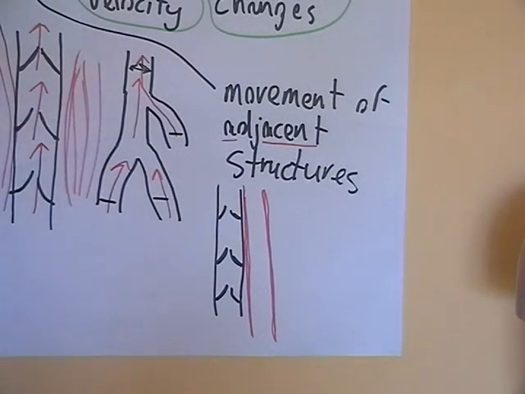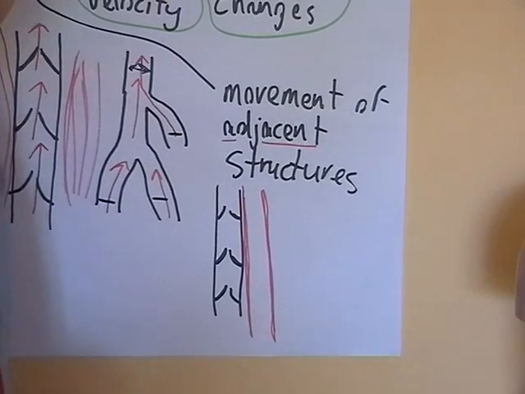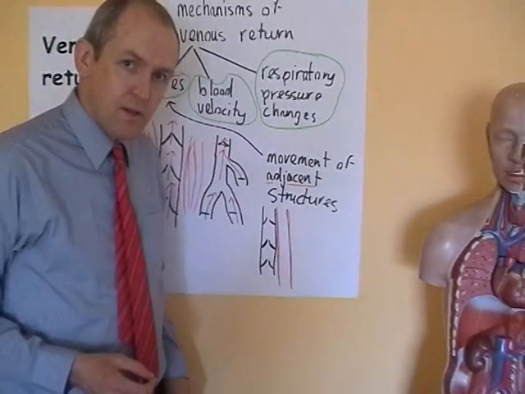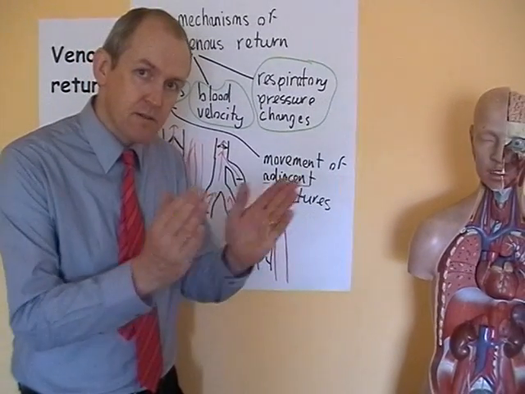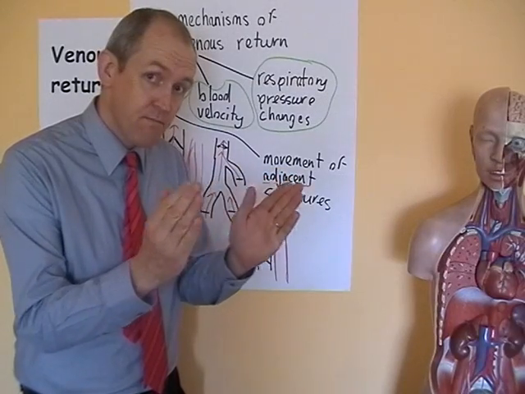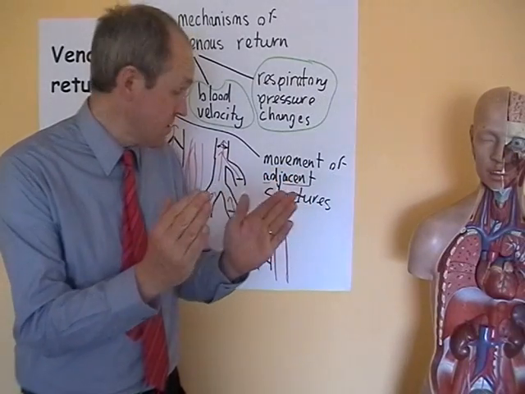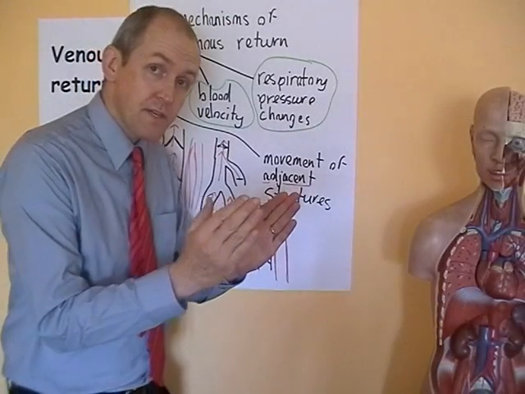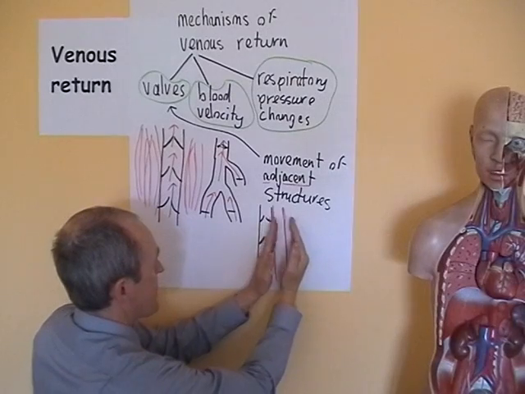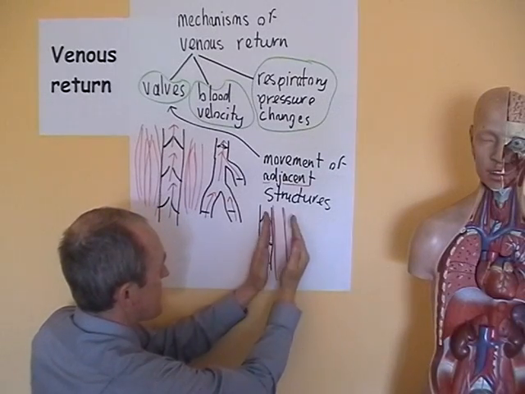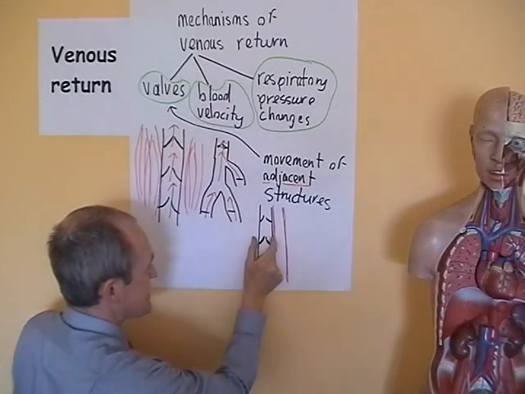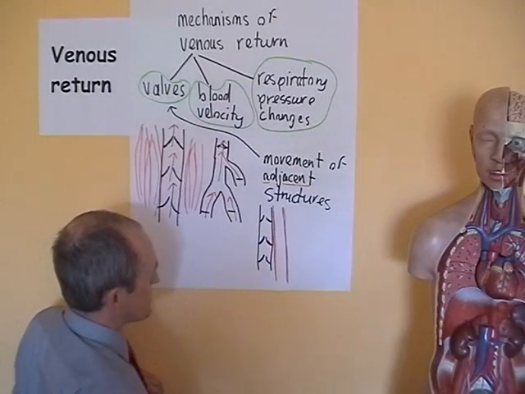Now if you find a blood vessel, if you want to know it's an artery, what do you do? Well, you palpate it, you can feel it pulsating. Arteries pulsate, of course, as the blood goes through them. So I think you can see if this artery here is pulsating, and it's adjacent to the vein, then the pulsation of the artery is going to compress this vein somewhat.